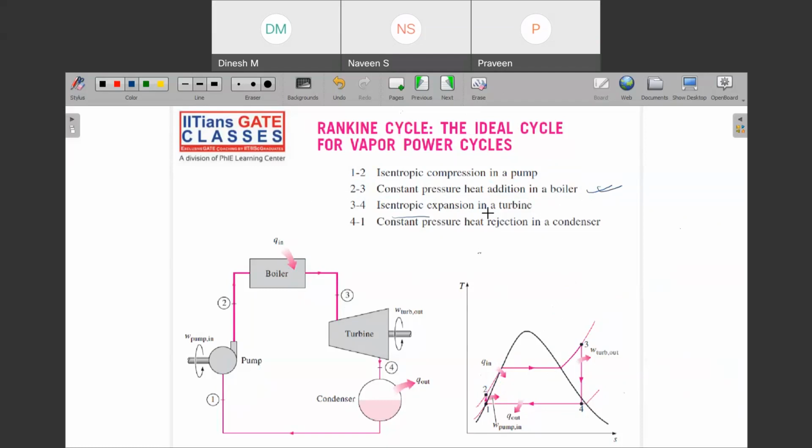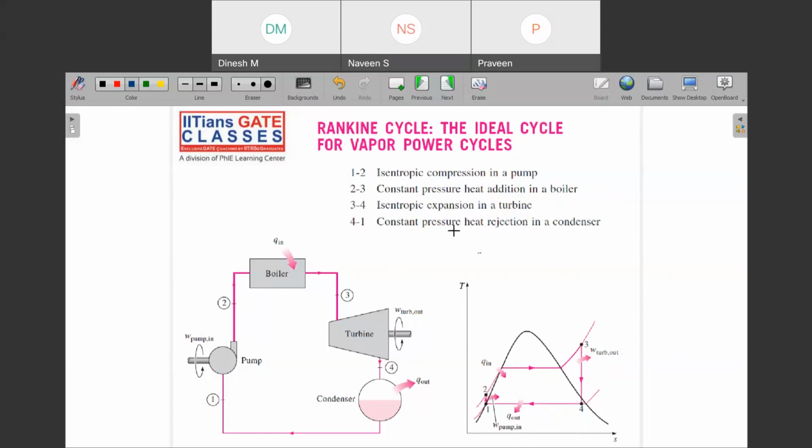And then isentropic expansion in the turbine. And then we have constant pressure heat rejection in the condenser. Can you see that we have the same thing here also? So this is nothing but constant temperature also. Like here the temperature is also constant.